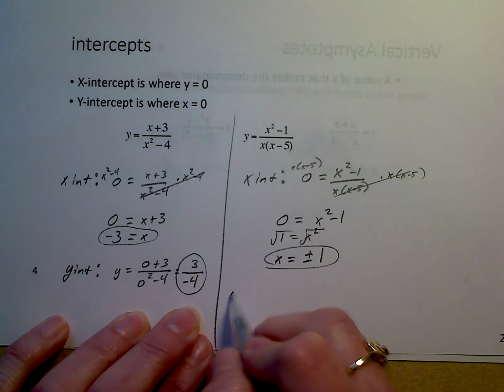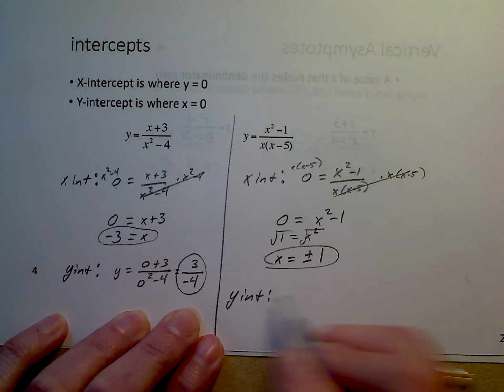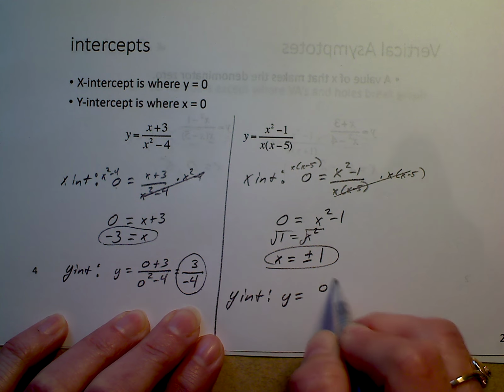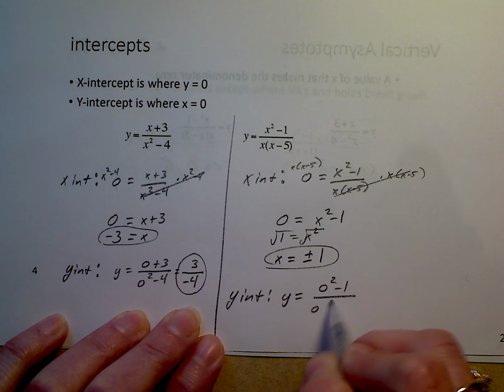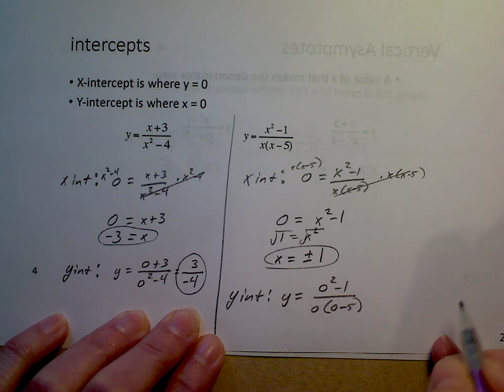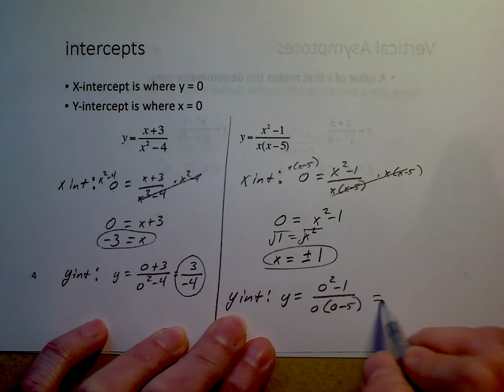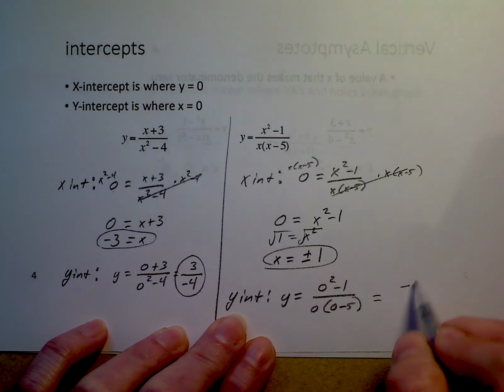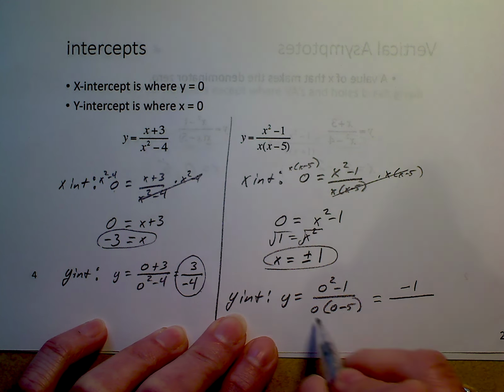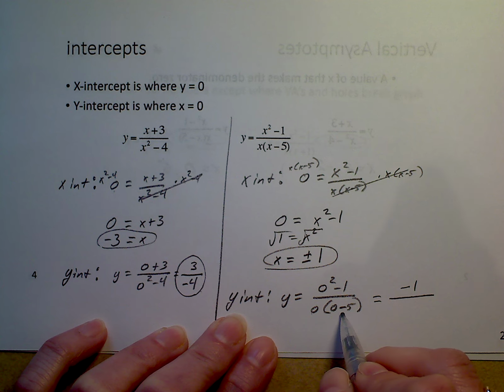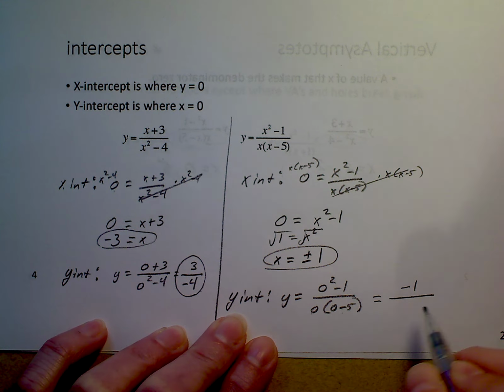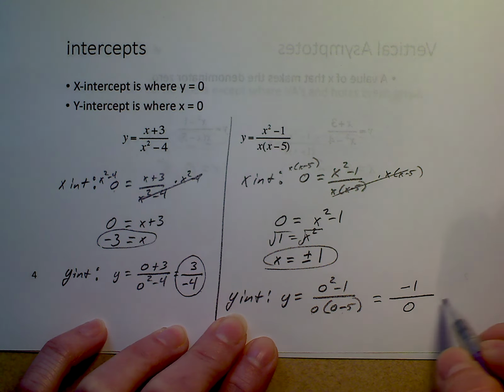Here we go. Y-intercept is where x equals 0. So 0 squared minus 1 over 0 times 0 minus 5. Let's simplify. The numerator becomes -1. The denominator is 0 times -5. 0 times -5 is 0. Ooh. Guess what that is?